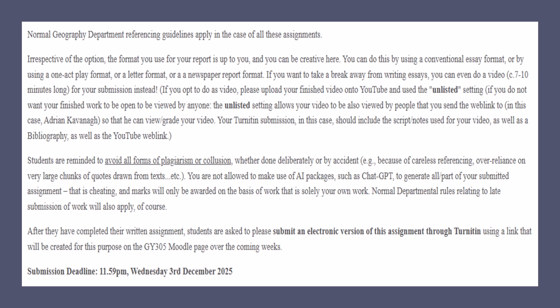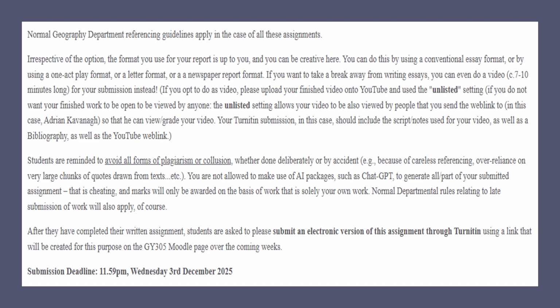If 2 or 3 of you end up submitting more or less the same work, then that's obvious collusion. I want original work, individual work from all of you. You can bounce ideas off each other, but don't end up more or less submitting the same assignment, because otherwise that's collusion. And again, sorry guys, 0%.